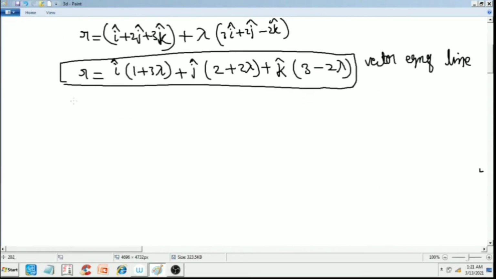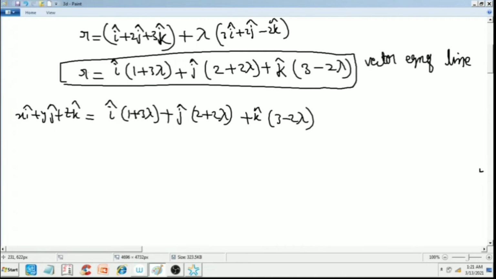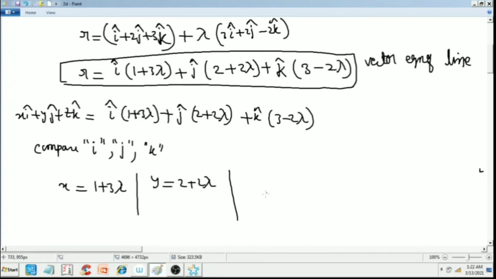Now find the Cartesian line equation. Cartesian is r = xi + yj + zk. Comparing the i, j and k coefficients: x = 1 + 3 lambda, y = 2 + 2 lambda, z = 3 - 2 lambda.